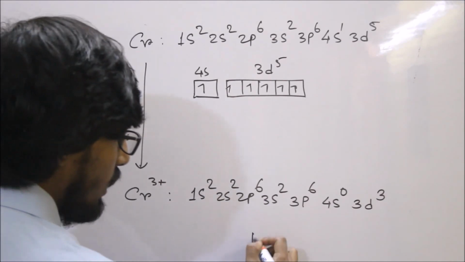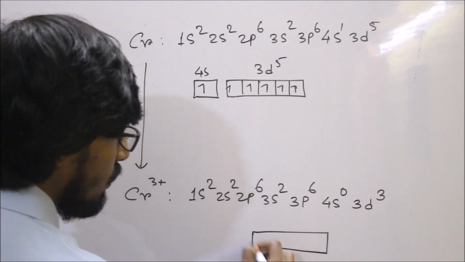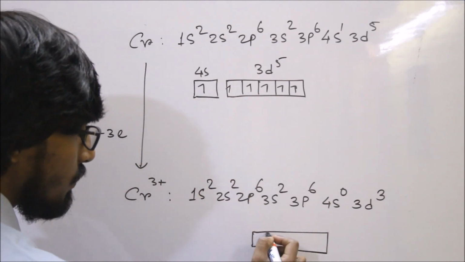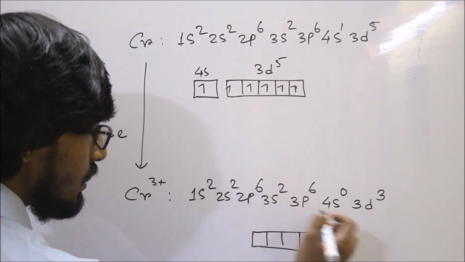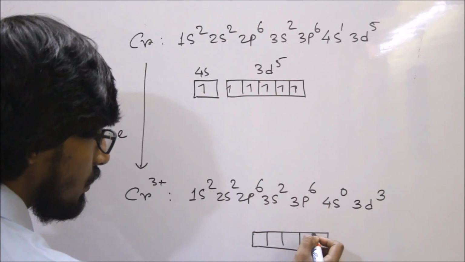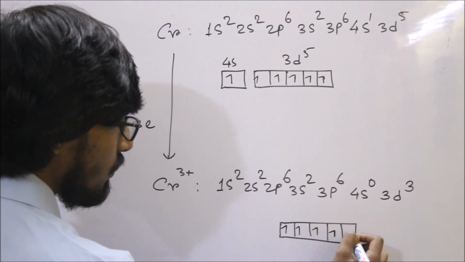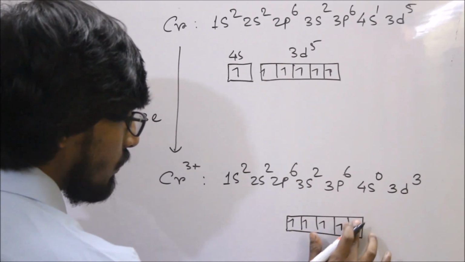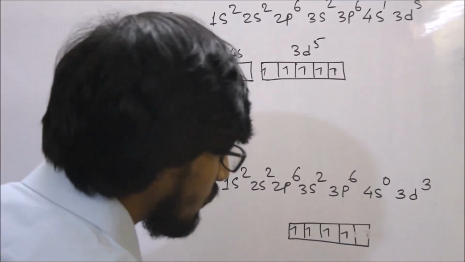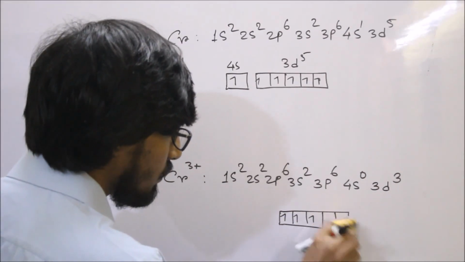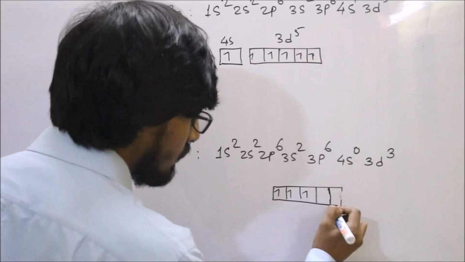So the valence shell electrons present in the 3d orbitals are 3d3.